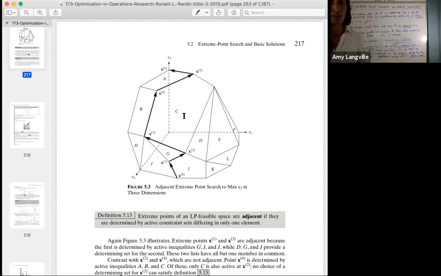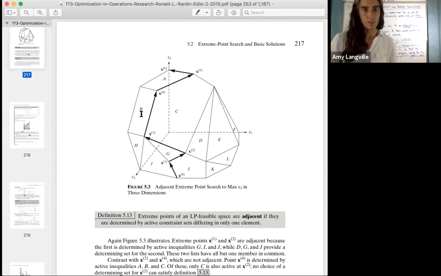There's faces that are defined here that we can see. This face right here, he's labeling A. It's defined by these constraints. 1, 2, 3, 4. Then here's a face B.